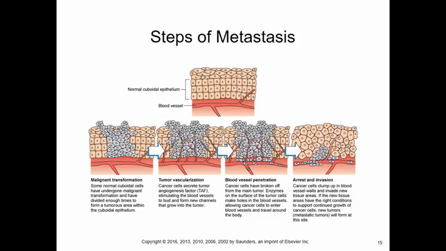So a tumor is going to secrete enzymes into the vessels, and because of its loose adherence to one another, unlike a regular human body cell, it is going to allow those cells to break off and go through the blood supply.